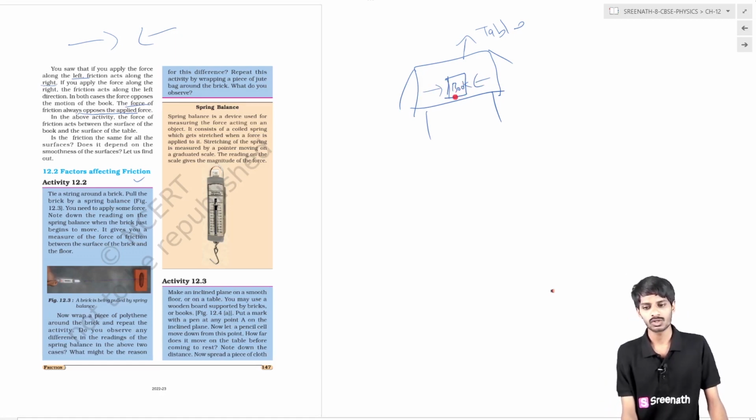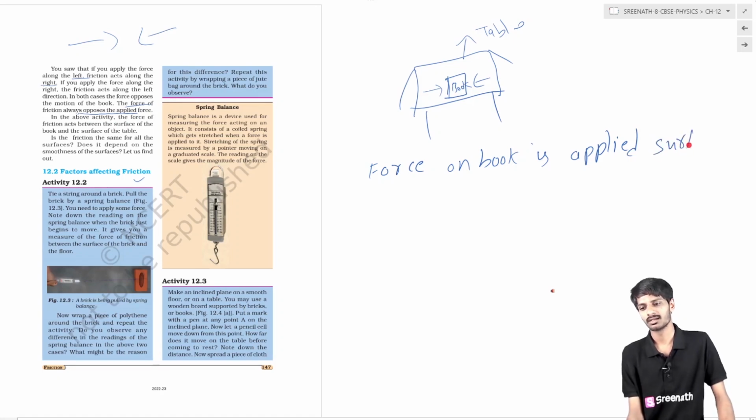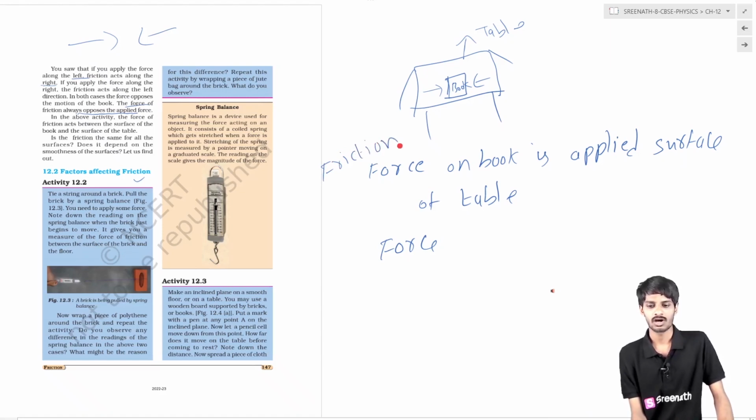So the force of friction always acts when two surfaces are in contact. Suppose this book is at some height h and is in the air, then the table will not exert force on it. So finally, what we can conclude is that the friction force on the book is applied by the surface of the table.